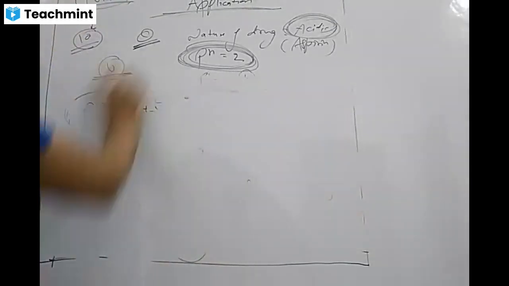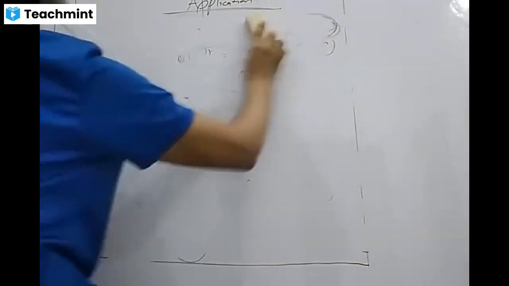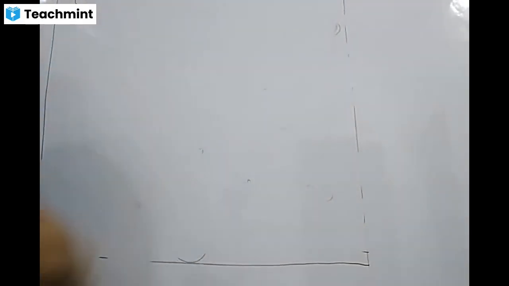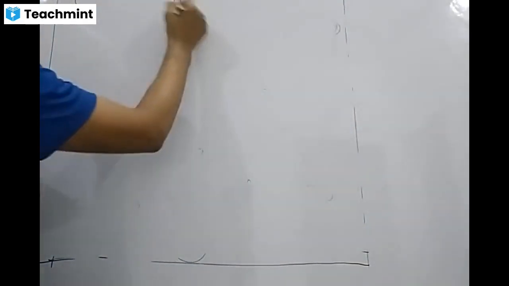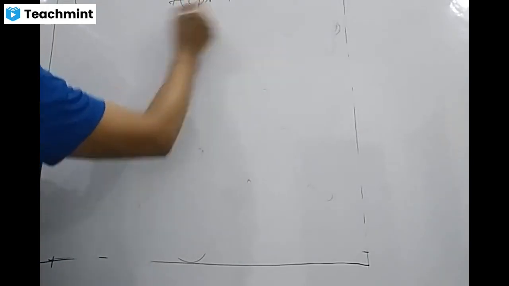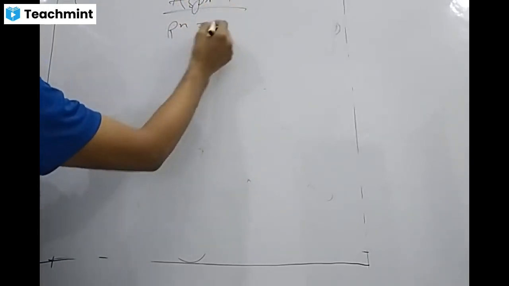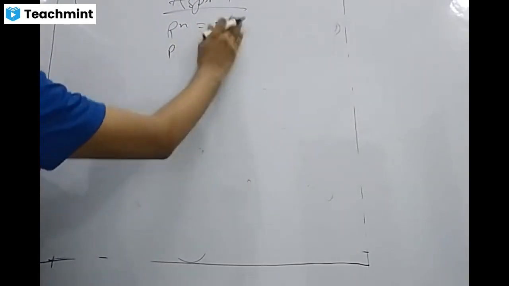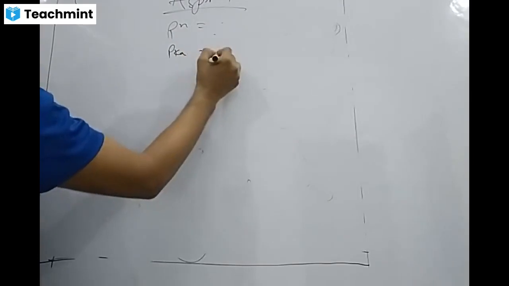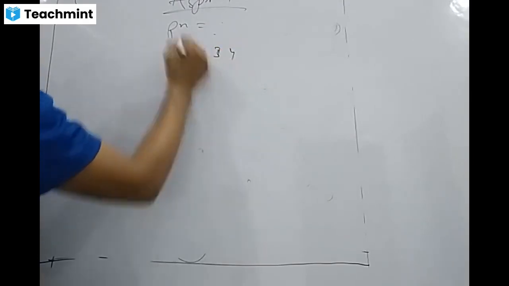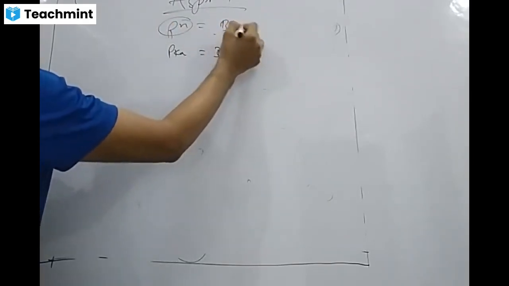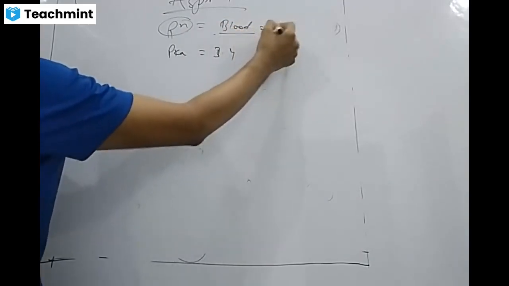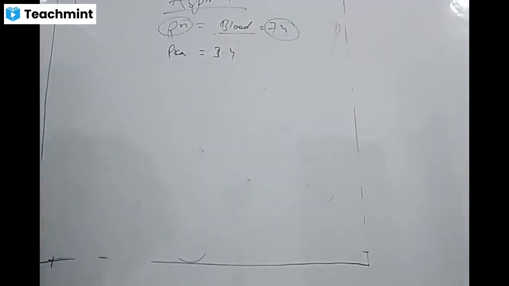Second question in our module is about aspirin. In that, aspirin's pKa is given as 3.4, and for pH only blood is written. So blood means 7.4.